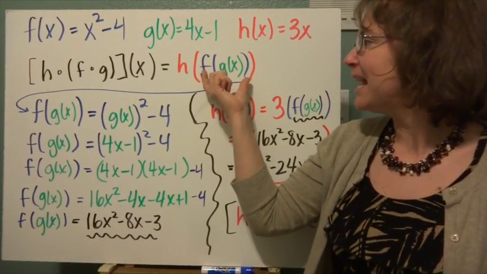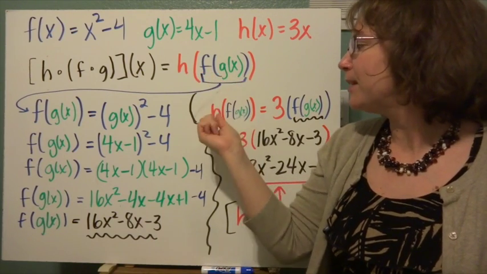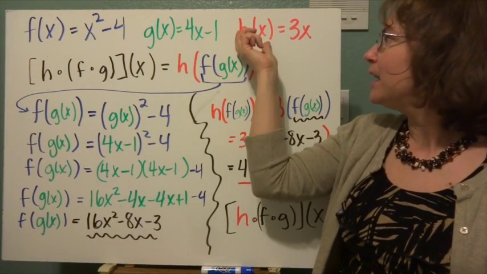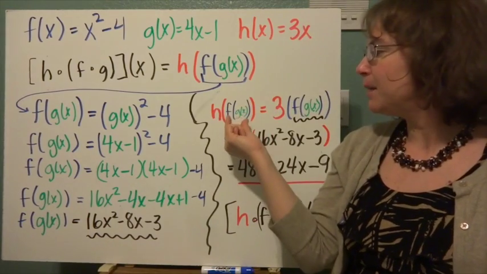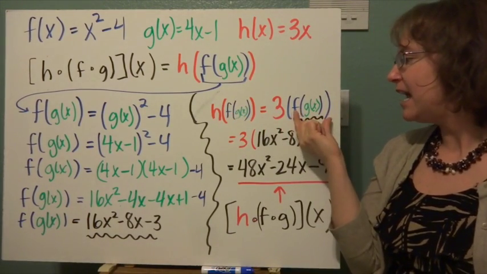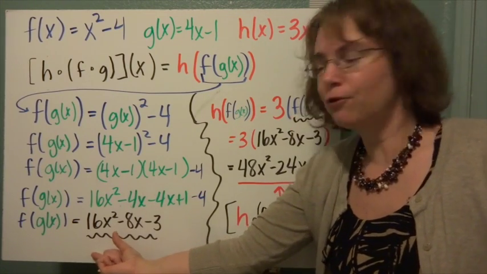Now I can substitute that in for f of g of x. So I want to find h of f of g of x. I look at my h of x, which is equal to 3 times x, and everywhere there's an x, I'm going to put my f of g of x. So 3 times f of g of x. Well, I know what f of g of x is; I found it over here.